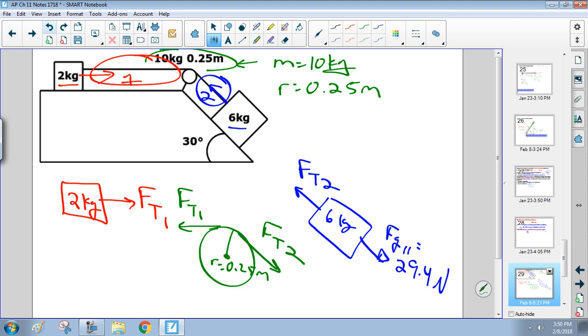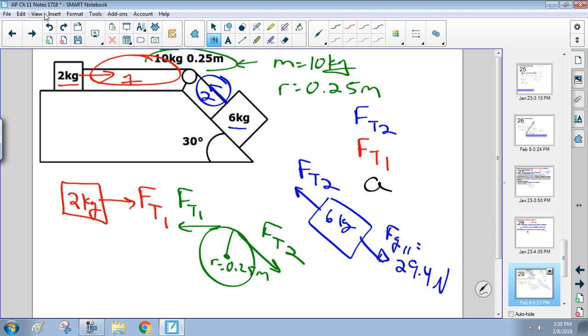Our 3 unknowns are force of tension 2, force of tension 1, and the acceleration of the system. In order to solve this, we need 3 equations. Well, we've got 3 objects, and each of those objects gives us an equation.